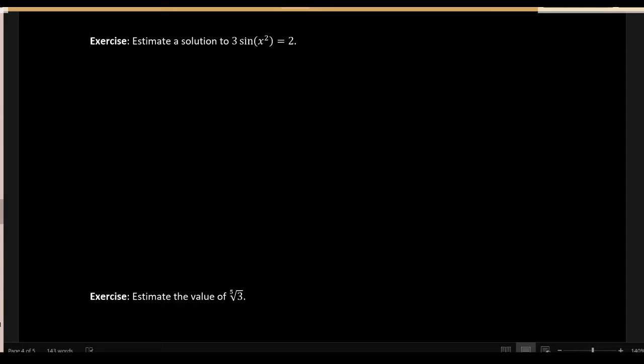Now, in order to set up to use Newton's method, the first thing that we need to do is rewrite this equation in the form something equals 0. So I'm going to subtract 2 from both sides.